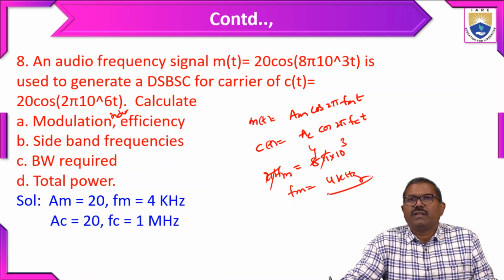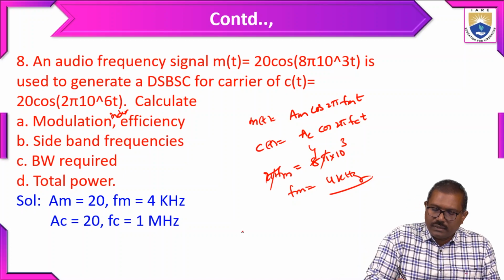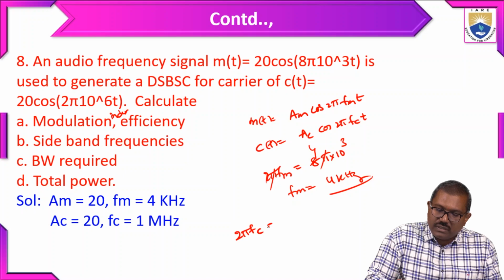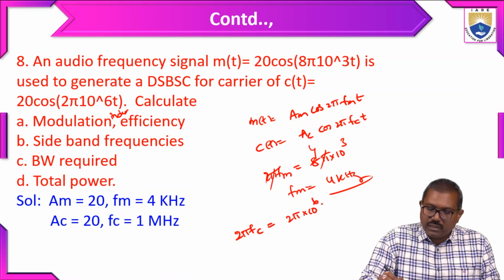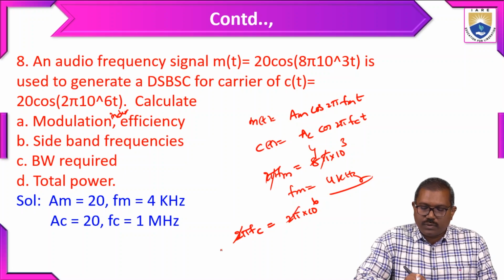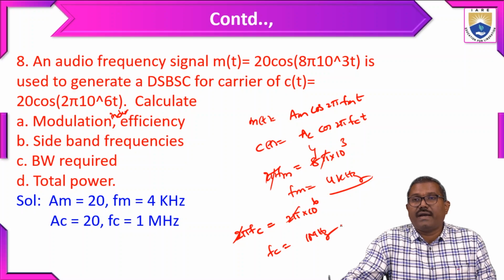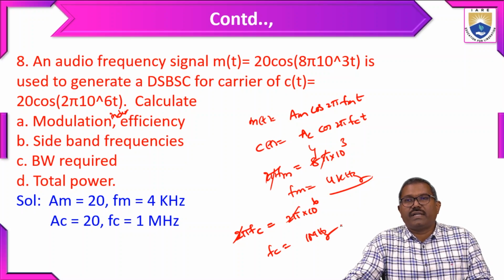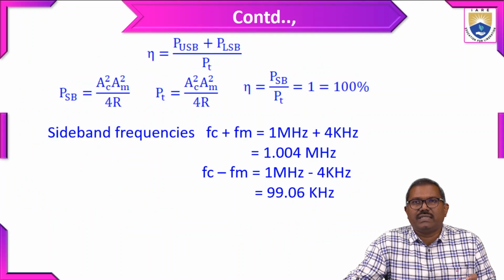Similarly for fc t, comparing, 2 pi fc is equal to 2 pi into 10 power 6, so this 2 pi cancels. fc is equal to 1 megahertz. After getting this, we can find the modulation index, mu equal to Am by Ac. So the mu value is 1.